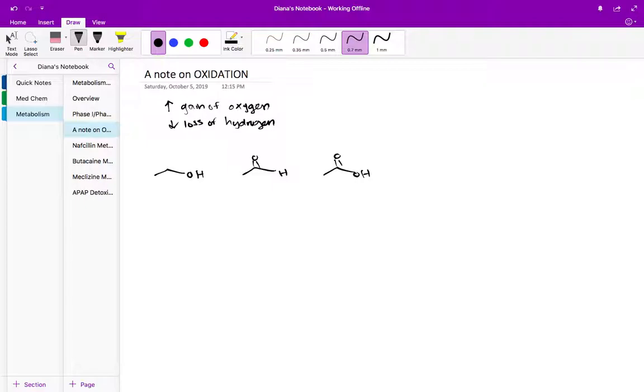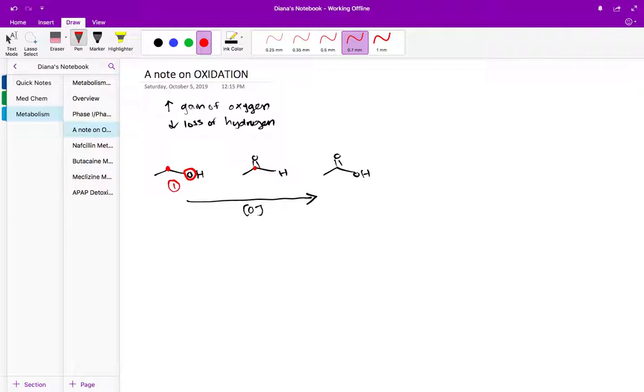And then going this way, you are actually increasing the oxidation state. The reason for that is, if you focus on the oxygen in the alcohol, this carbon right here is only single bonded to one oxygen.